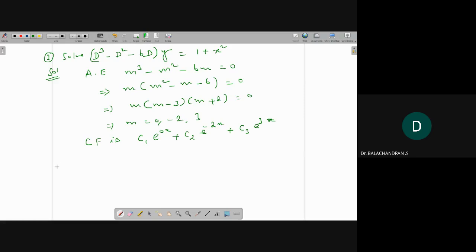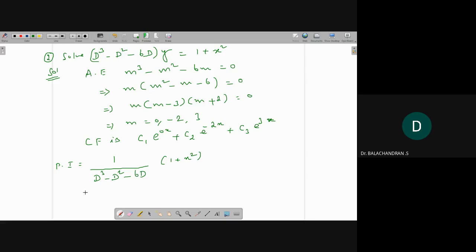Next, the particular integral: 1 by d cube minus d square minus 6d, into the right hand side function, 1 plus x square. Now here I don't have a constant term, so I'll take the least power of d out commonly.